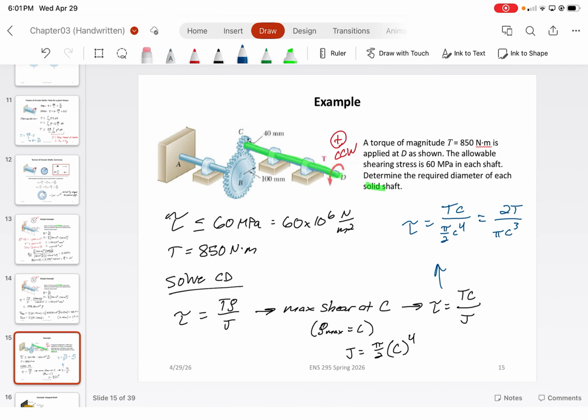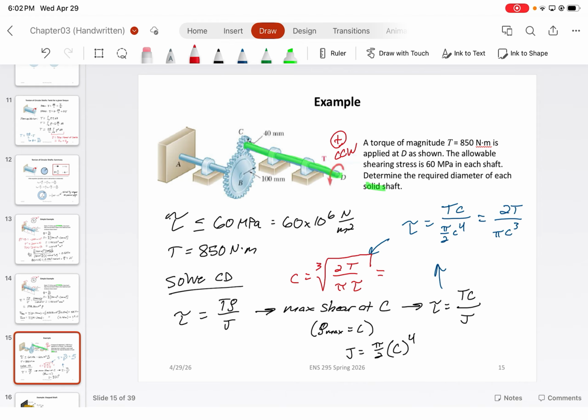Now we want to solve for C. So just rearranging the equation, C should be equal to the cube root of 2T over pi tau.